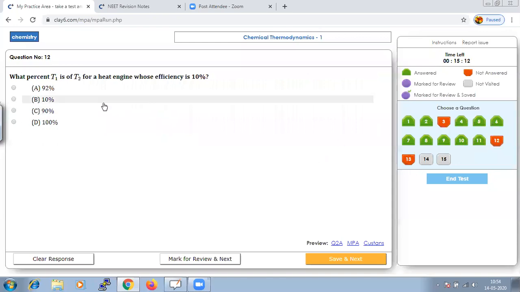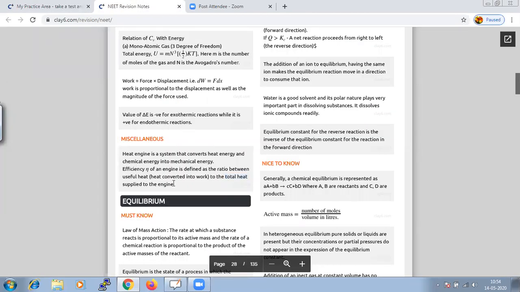And next one is, what percent T1 is of T2 for a heat engine whose efficiency is 10%. So as we discussed, what is the efficiency of a heat engine? Here we have the formula: efficiency of heat engine is the ratio between useful heat to the total heat.